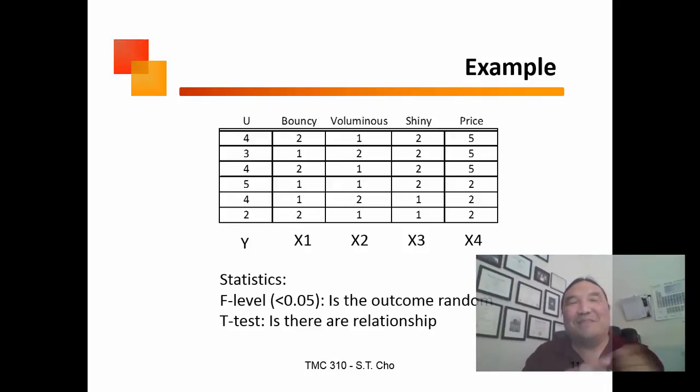But if it's not based on what people think, then that means you haven't really figured out anything, that there's no causality. A t-test just tells you, is there a relationship between this variable and this variable? Like in terms of U, is there any relationship between how they feel about the shampoo and voluminous, for example?